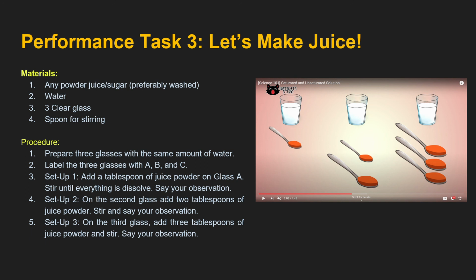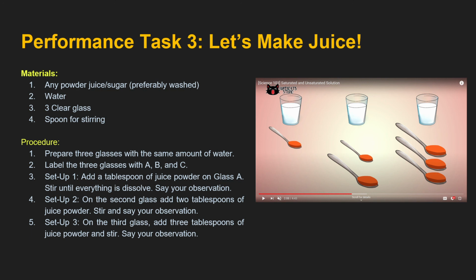Okay? Procedure. Prepare 3 glasses of the same amount of water. Dapat pare-pareho yung tubig. Sa setup A, setup B, setup C. Dapat pare-pareho ng amount ng tubig. Sa setup 1 or setup A, magdadagdag ka ng tablespoon or 1 kutsarang powder na juice.